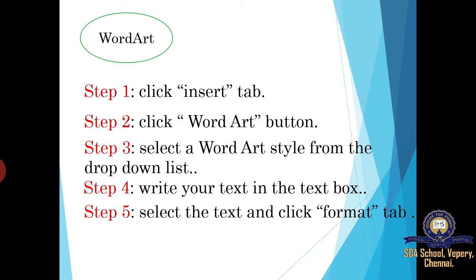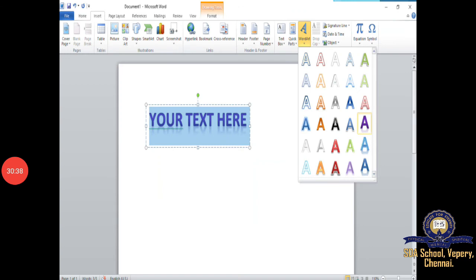Step 4. Write your text in the text box. It asks to write a text in the text box. When we click on the text box, it allows you to type something. In the Insert tab, we'll select word art.